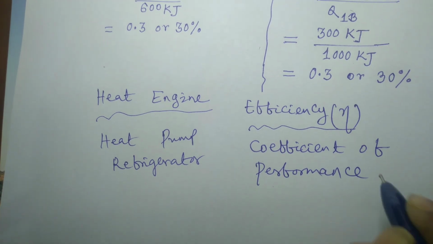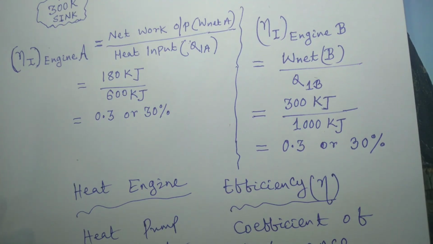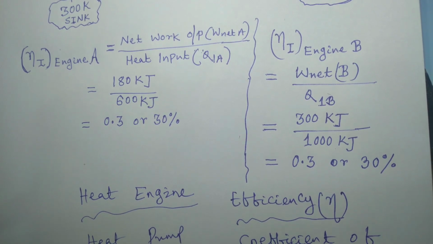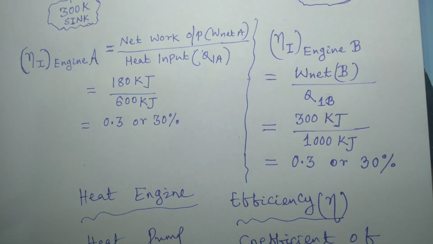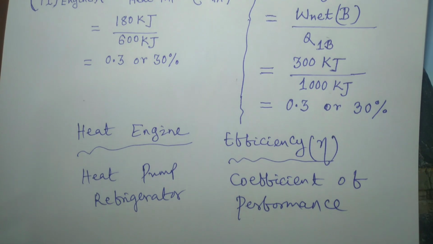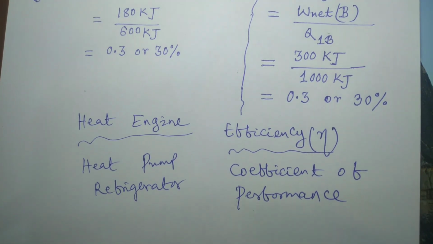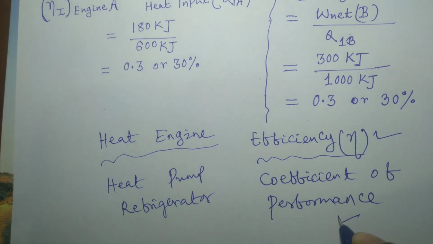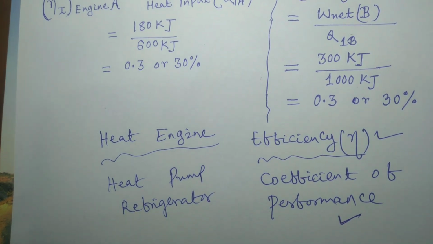But the question is whether these performance measures are sufficient to give a clear picture. The answer is no, because sometimes these efficiencies can be misleading. In fact, these performance measures like efficiency and COP are measured in the light of first law of thermodynamics.